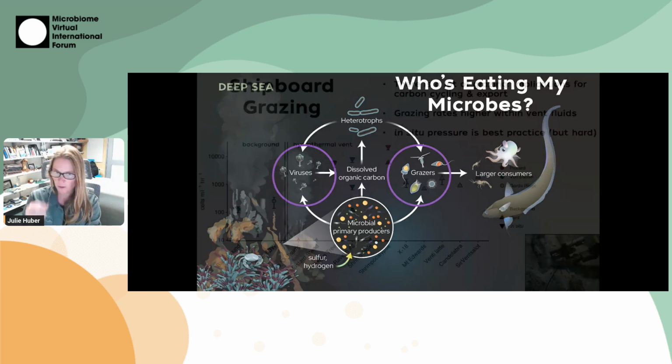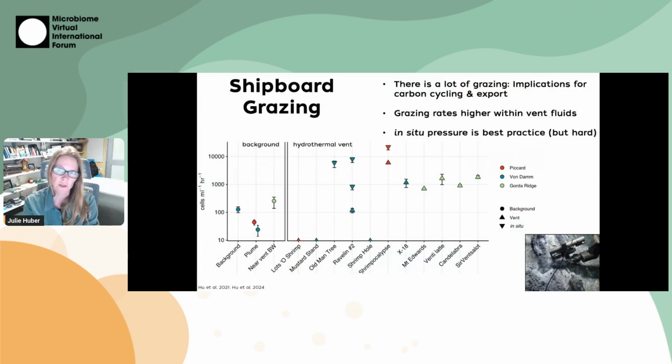And one thing we've done is we've looked at eukaryotic grazing by protists. These are really hard experiments to do. You do them by labeling bacteria with a fluorescent dye and then feeding it back to the natural fluid and looking at the disappearance of your prey over time.